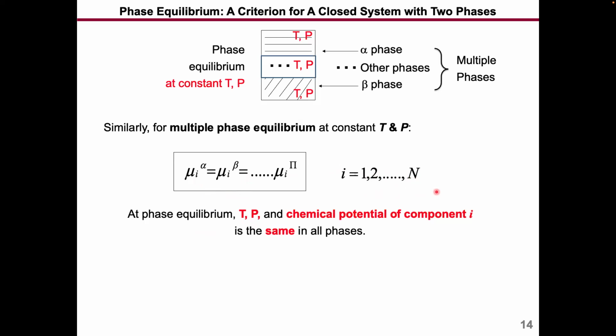Only when the chemical potential of species i is equal in all phases, for every single species within the mixture, do you reach equilibrium. So this is the criterion for phase equilibrium. If you are interested in how to derive this, you can read the additional slides. But this is the phase equilibrium criterion: chemical potential being the same.